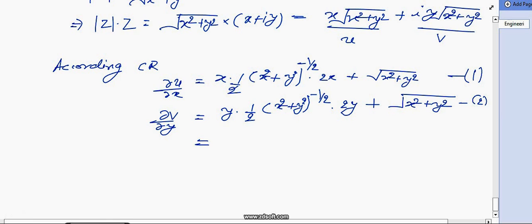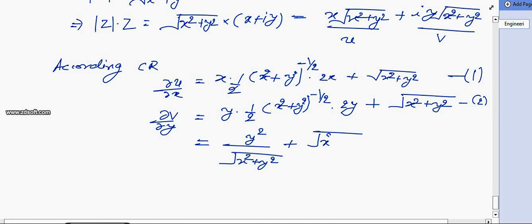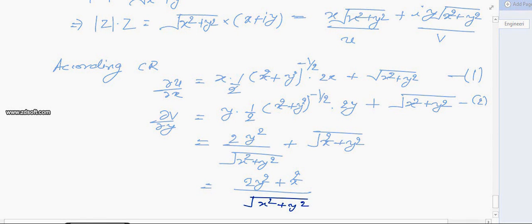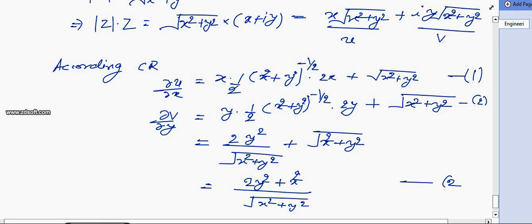This can further be simplified into y square upon x square plus y square plus root of x square plus y square, and from that you get, sorry, here 2 is also there, 2y square plus x square upon under root of x square plus y square. So let this be equation 2.